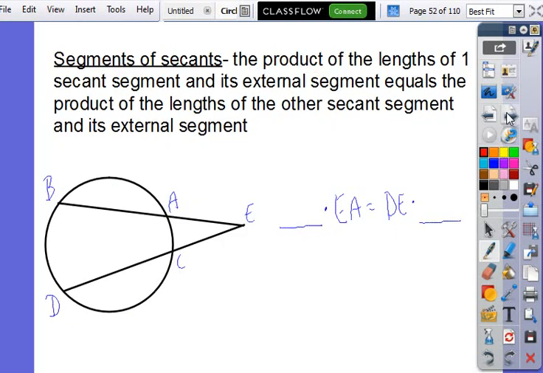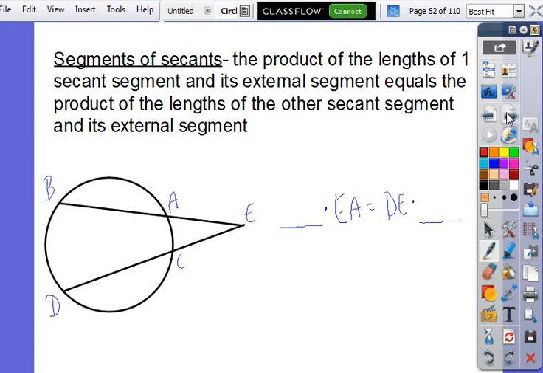All right, this one says the product of the lengths of one secant segment and its external segment equals the product of the lengths of the other secant segment and its external segment. In layman's terms, the easy version is you take the outside times the whole thing equals the outside times the whole thing. So on this first one, the EA is what part? That's the outside.